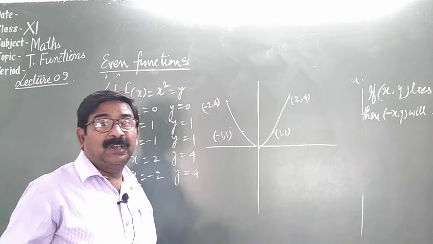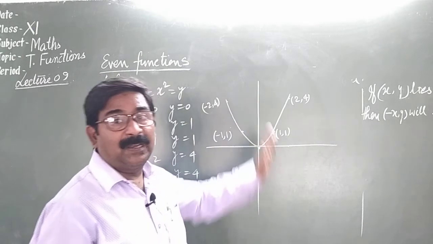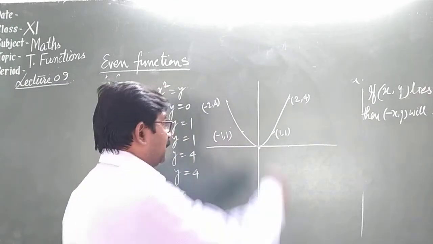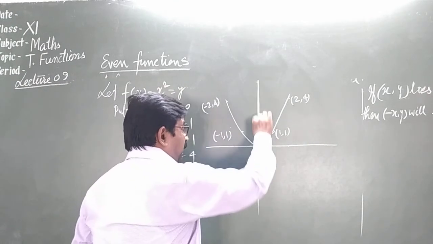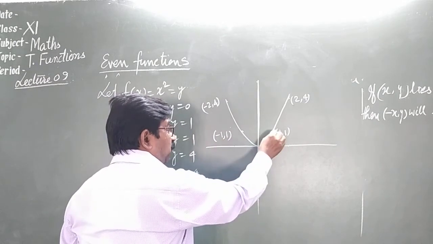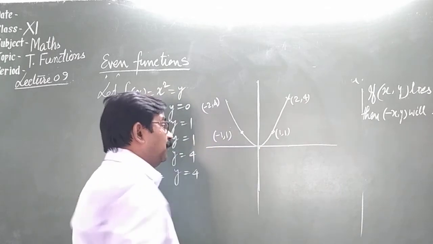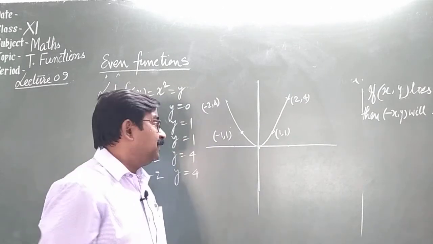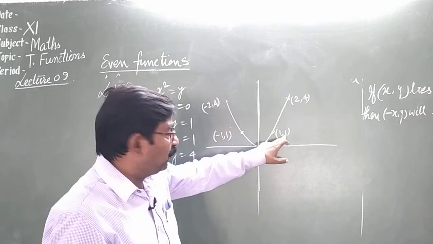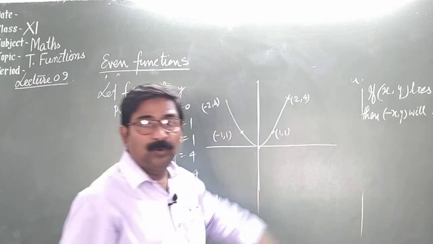In this kind of function, an even function, when we plot the graph, it is always symmetric about the y-axis. It is symmetric about the y-axis. See, if we have this y-axis and you fold the page here, this point will come on this point. It means you can say that (-1, 1) is the image of (1, 1), and (-2, 4) is the image of (2, 4).